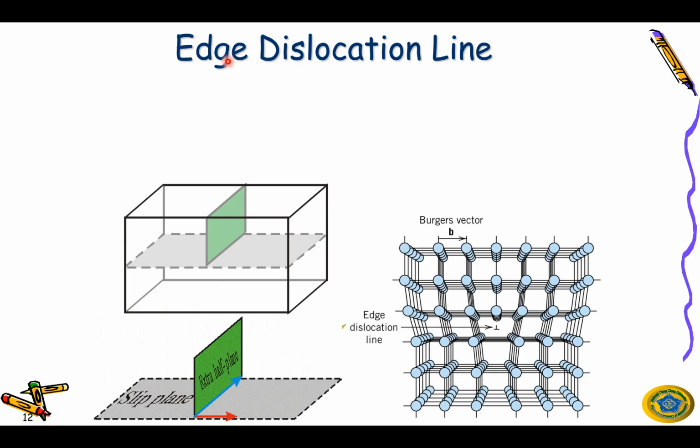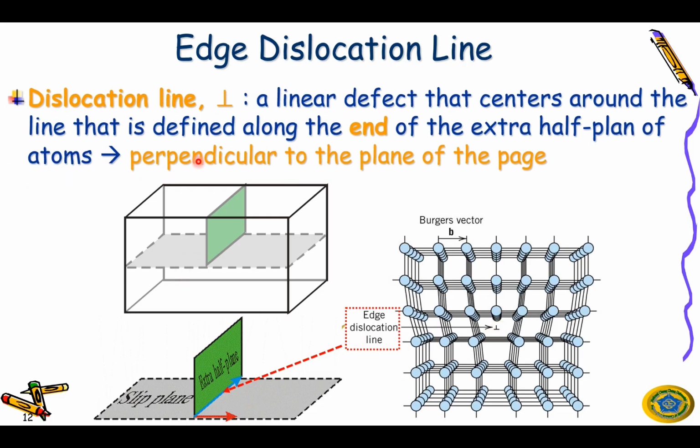This term is called the edge dislocation line. What's an edge dislocation line? It is this one. The edge dislocation line is a linear defect centered around the line that is defined along the edge, the end of the extra half plane.